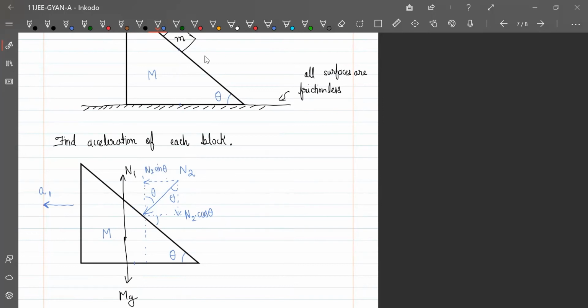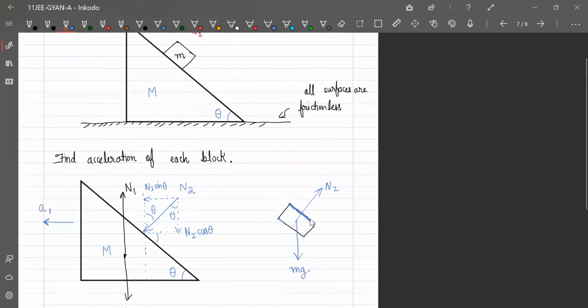Similarly, draw the free body diagram of this smaller block. For the smaller block, if I draw the FBD, the smaller block applied N2 on the bigger block, so the bigger block will also apply a force of N2 on it, and then there is another force, that is mg. So at one place there is contact and the other is this.